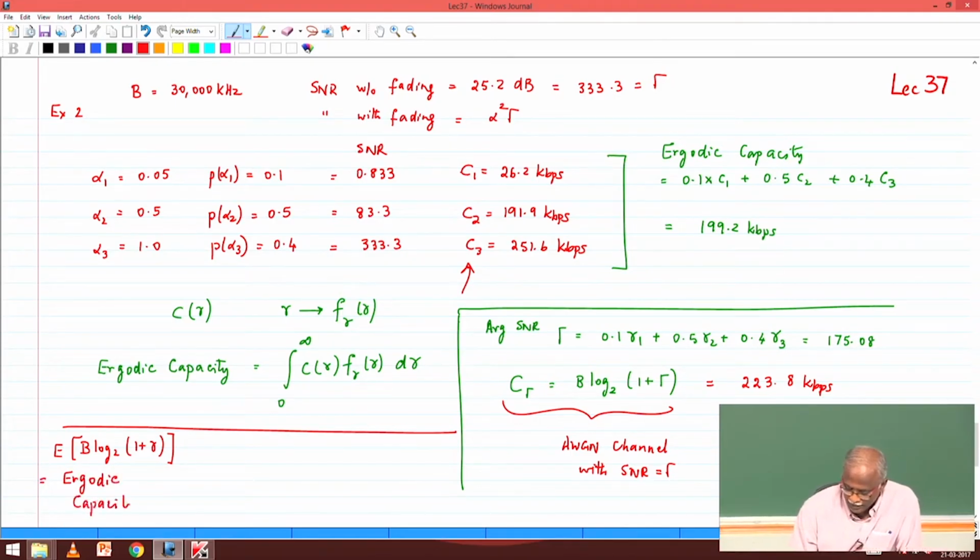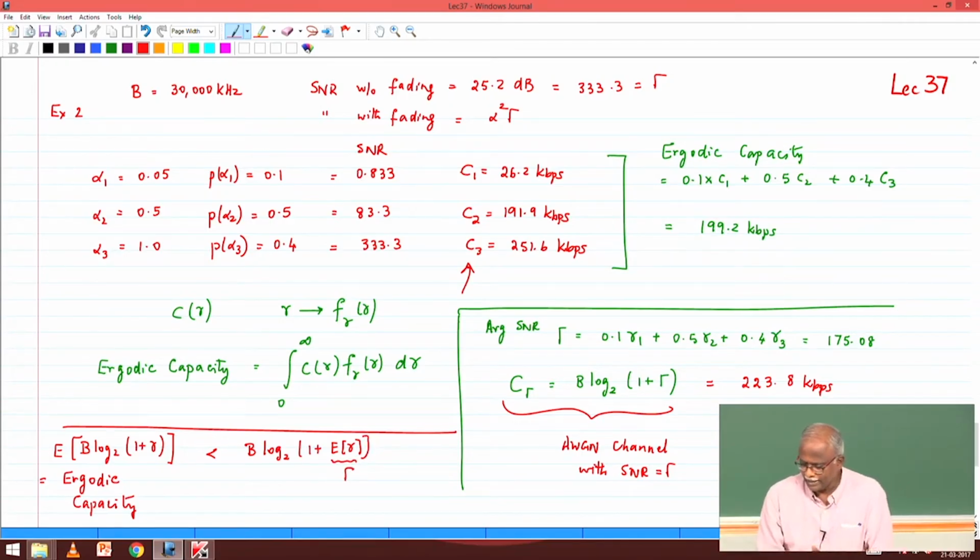It turned out that the ergodic capacity in this particular example is less than B times log base 2 of (1 plus the expected value of gamma), and this is nothing but gamma. One case it was 199 kilobits per second, the other one was 223 kilobits per second. Now, is this always true, and if so, what are the implications?